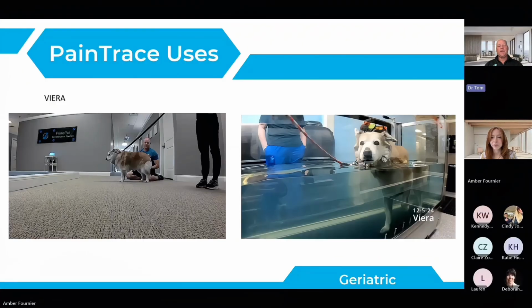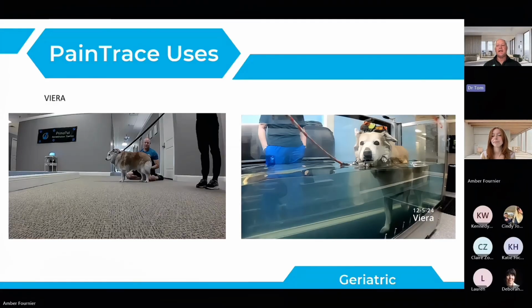I want to know if we've pushed her a little bit too hard, whether it be the underwater treadmill or whatever. And that's the other thing about PainTrace, the ability to do repeat scans over a short period of time. I can just tell my technicians to go ahead and run a scan after her appointment. We can see where she lines up on her pain scale, and then we can make adjustments out the door, telling the owner, hey, let's give her extra ice over the next couple of days.